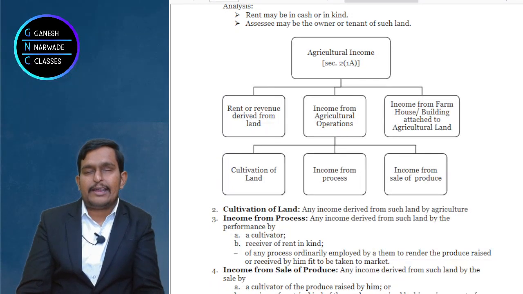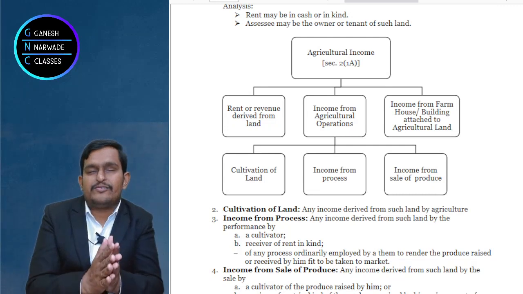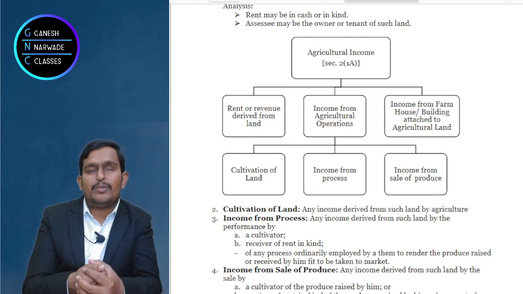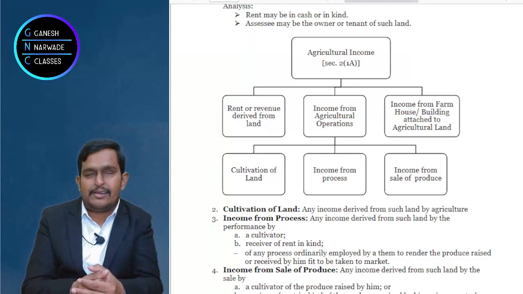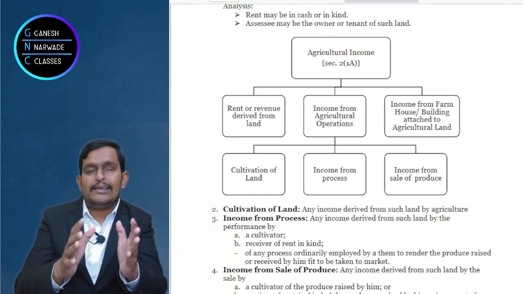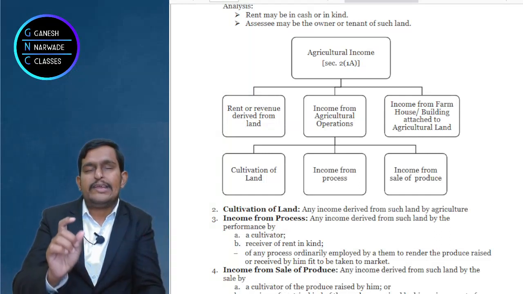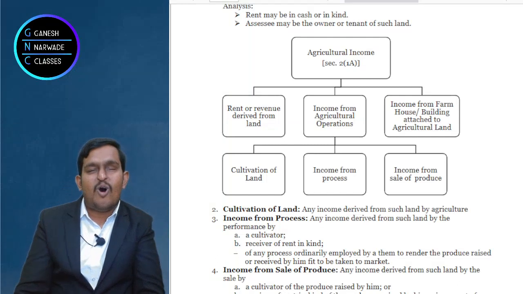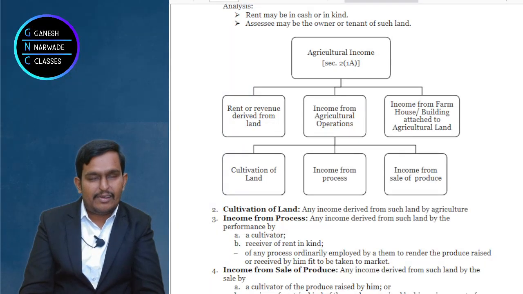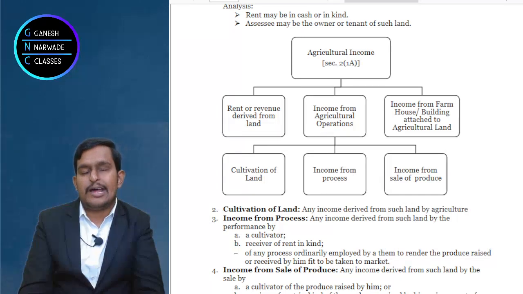So if they earn any income because of the sale of agricultural produce or agricultural cultivation or processing the agricultural produce to make it fit for sale, all such things are agricultural income. No doubt should be there in your mind. Like potatoes are there.